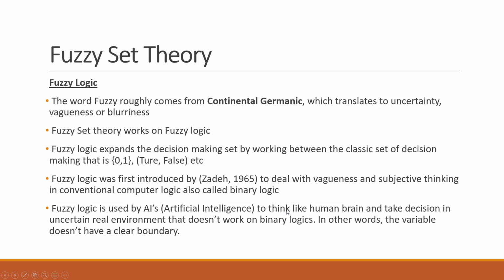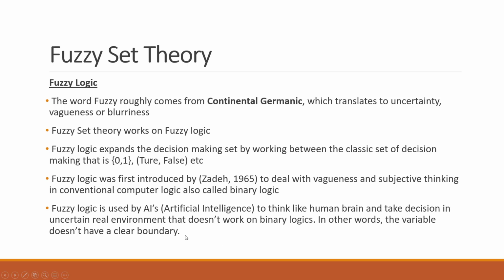For this purpose, artificial intelligence is very powerful because it thinks like the human brain, which binary logic was not strong enough to do, to design a robot or a technology which, if not 100%, at least 99% thinks like the human brain. In other words, the variable does not have a clear boundary.